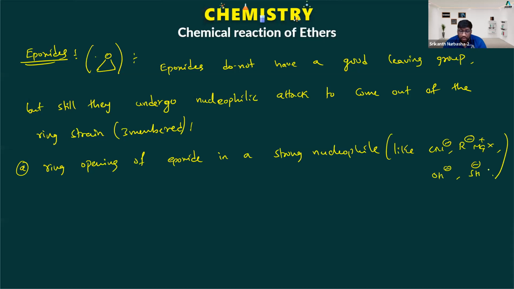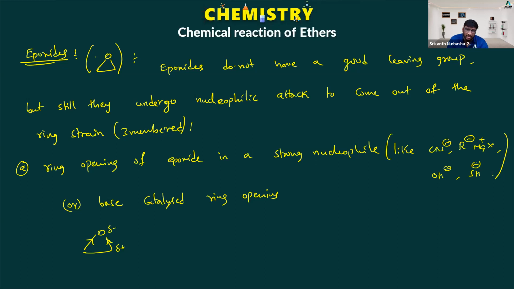That is the strong nucleophile or base catalyzed ring opening. What happens in this case? If I have an epoxide, I can think the C-O bond can be cleaved, because in the carbon-oxygen bond carbon gets partial positive and oxygen gets partial negative. This bond can be cleaved.